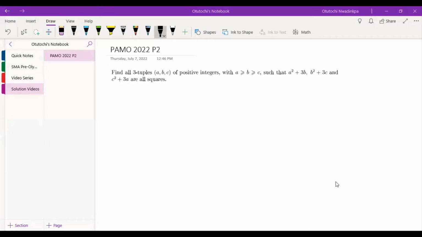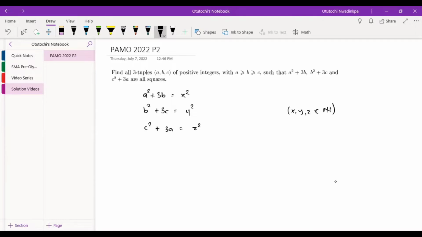So basically we have A squared plus 3B is equal to some X squared, B squared plus 3C is equal to some Y squared, and C squared plus 3A is equal to some Z squared. Of course, X, Y, Z are all positive integers, right?